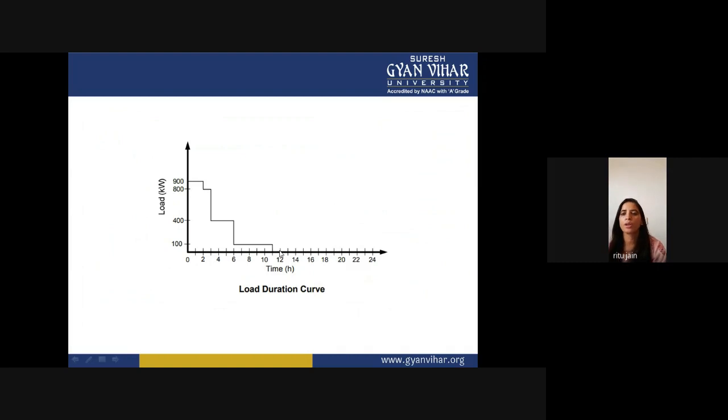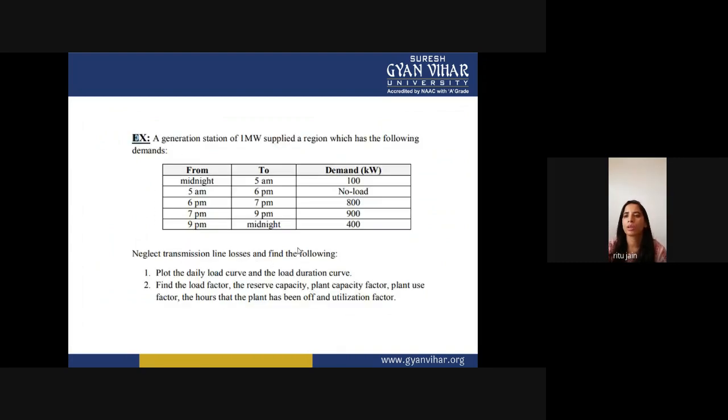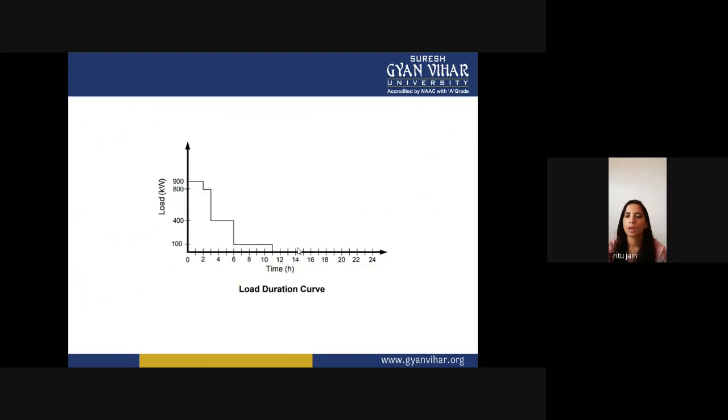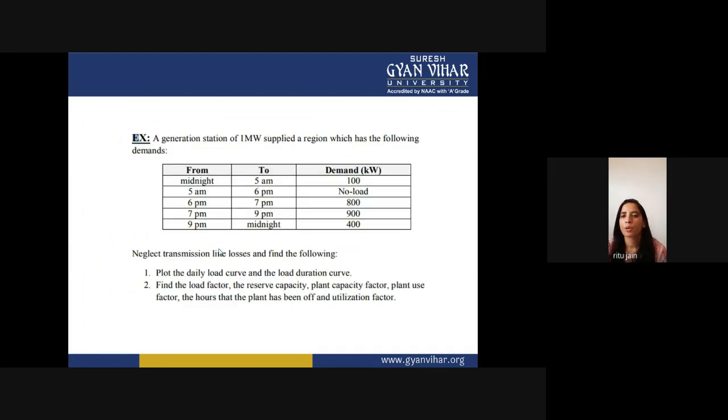So I have already told you that the load duration curve starts from highest to lowest, means descending order. So the highest demand of load from the table you can get, this is 900 kilowatt from 7 p.m. to 9 p.m. only for 2 hours. So you can see over here that for 2 hours you are taking 900 kilowatt.